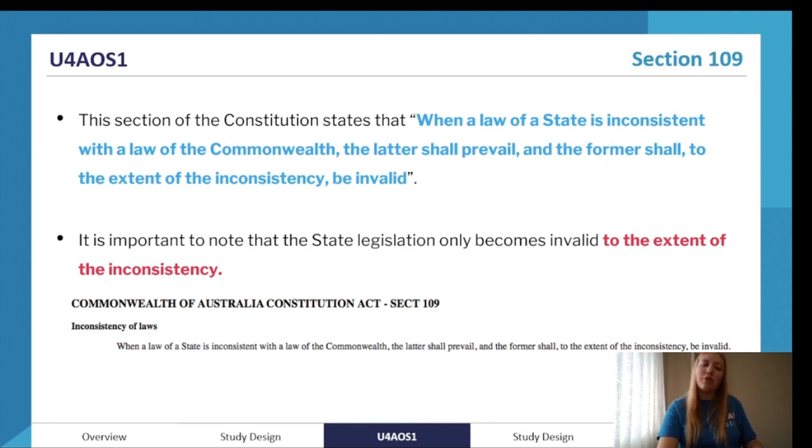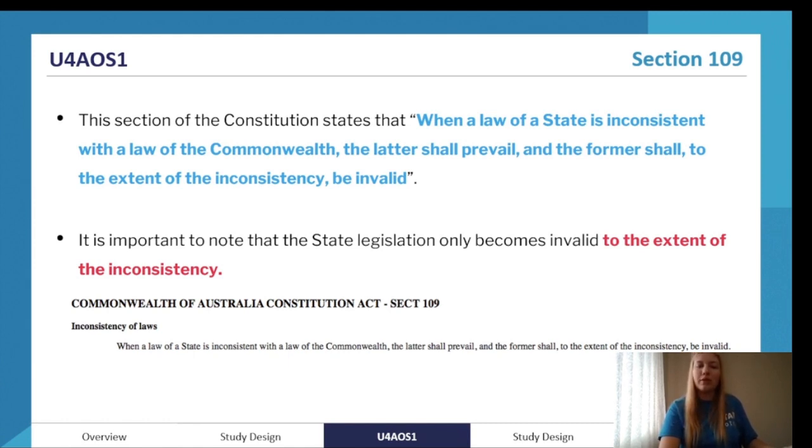So the Commonwealth law will prevail or continue to operate, and the state law will be abolished or removed, essentially declared invalid, but only to the extent of the inconsistency. So only the aspects that clash with the Commonwealth law will be declared invalid. The rest of the law will continue to operate.